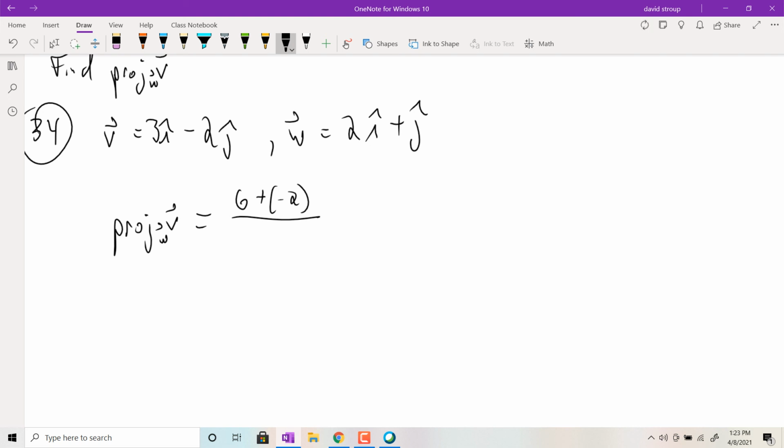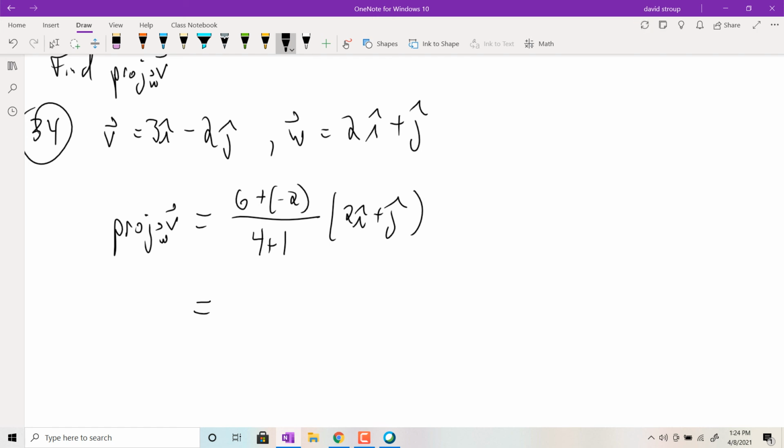In the denominator, it's the magnitude of W squared, so 2 squared is 4, plus 1 squared is 1. You'd have a square root, but it's supposed to be squared in the formula, so the square root goes away. Then times the vector W, so you get 2i plus j.